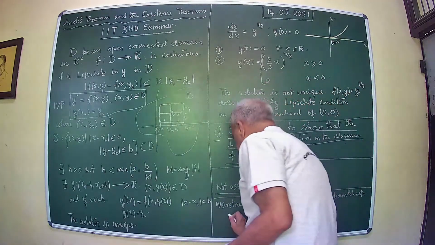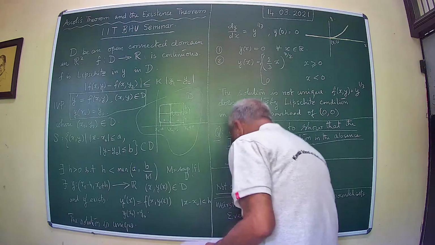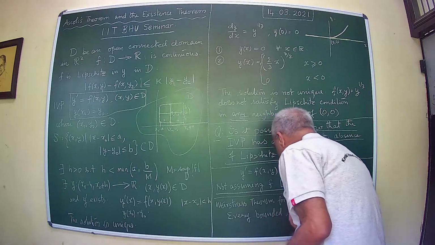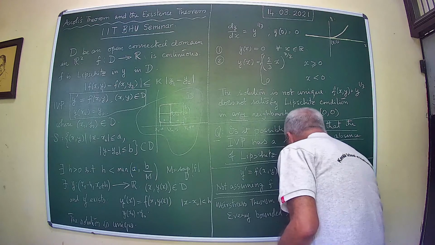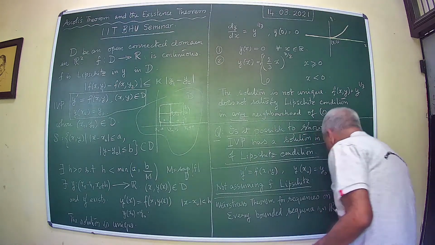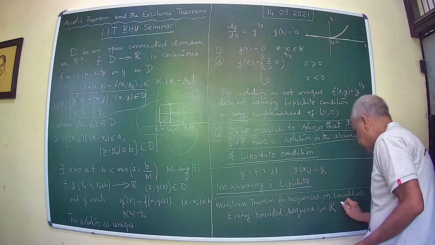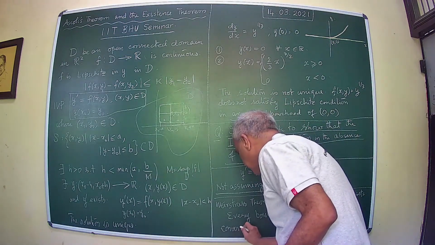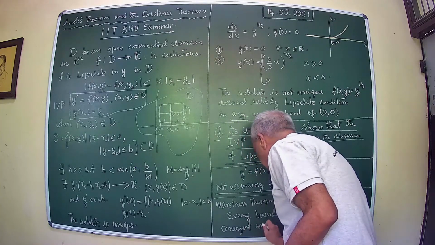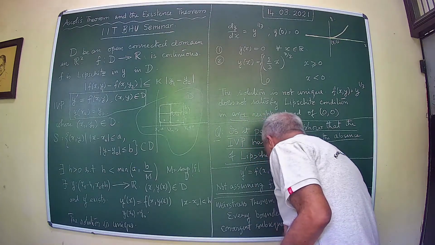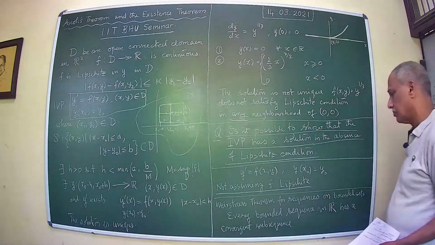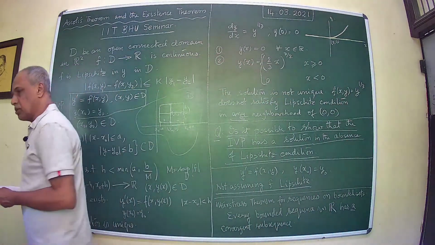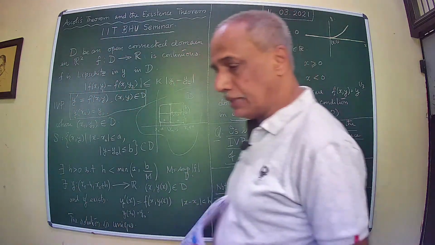See, you recall that every bounded sequence in R has a convergent subsequence. It says has a convergent subsequence, which does not rule out the possibility of having more than one convergent subsequence.